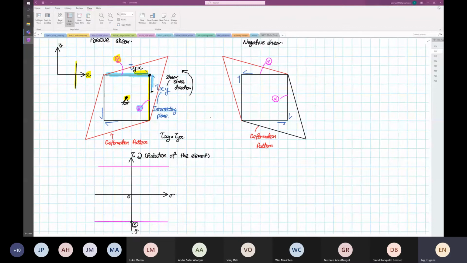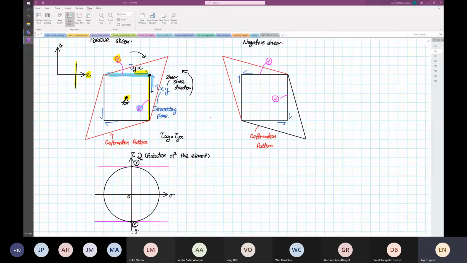The yellow arrow that I've just highlighted will induce a clockwise rotation. So when that is the case, over here, this will be your point Y because the element is rotating clockwise. So from here, you can construct your Mohr circle.